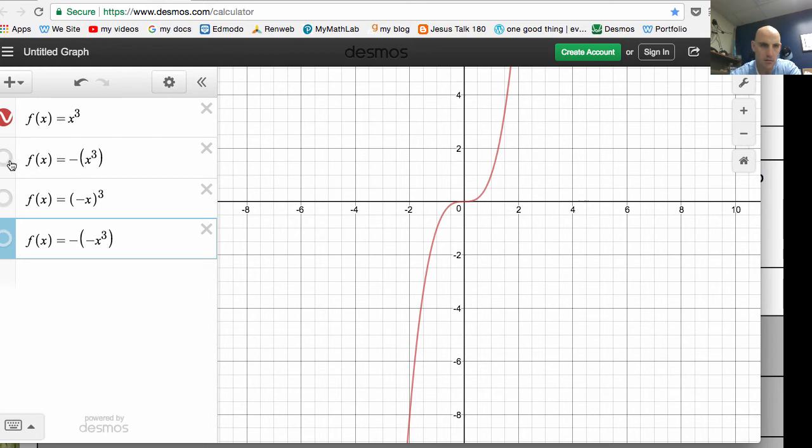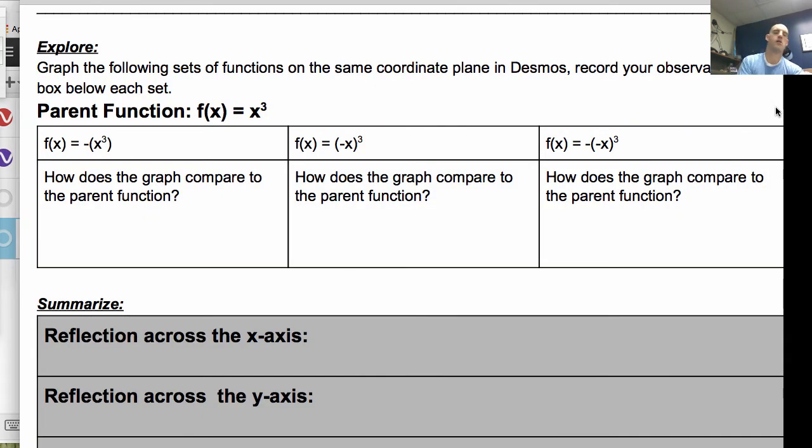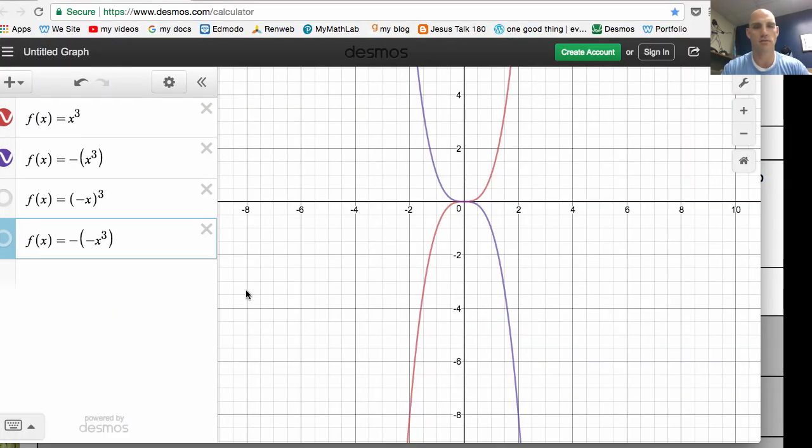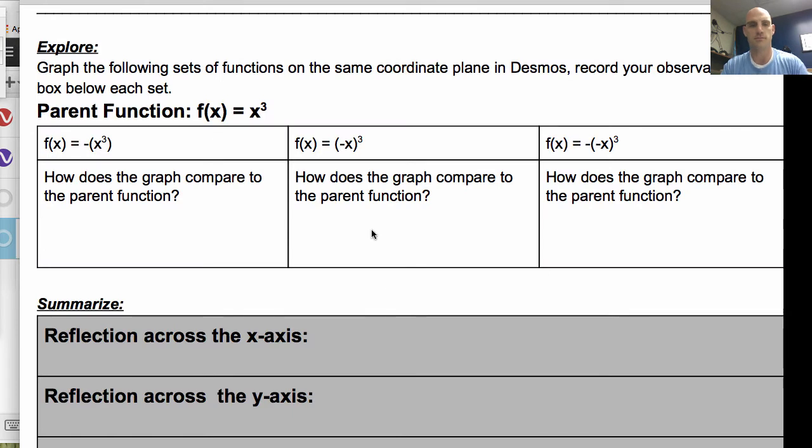Here's my parent function. If I put a negative outside, what does it seem to do? Well, it seems to rotate it, right? Or flip it. It seems to flip it over the y-axis.